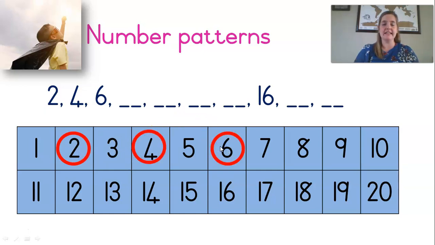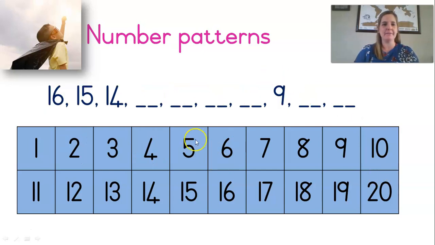What will be next? Bigger by 2. 8, 10, 12, 14. And I love it when they put 1 in the middle because it helps us to know if we're on the right track. We would have said the next number was 16. Good, we're on the right track. Then 18, 20. Well done.